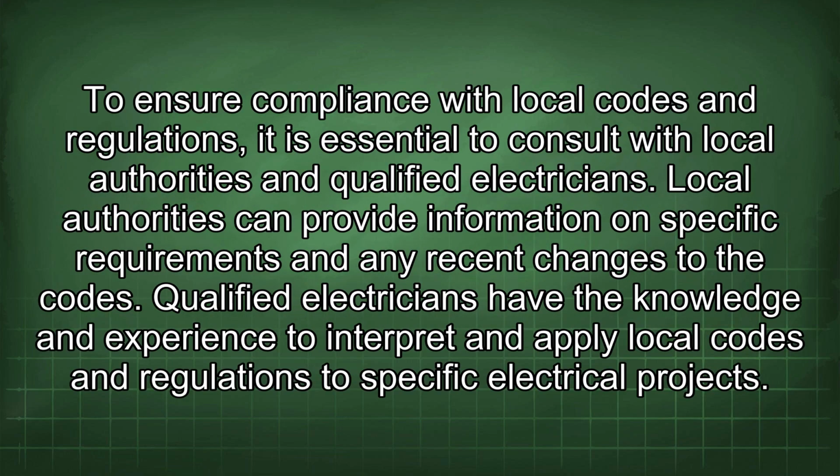To ensure compliance, it is essential to consult with local authorities and qualified electricians. Local authorities can provide information on specific requirements and any recent changes to the codes. Qualified electricians have the knowledge and experience to interpret and apply local codes and regulations to specific electrical projects.